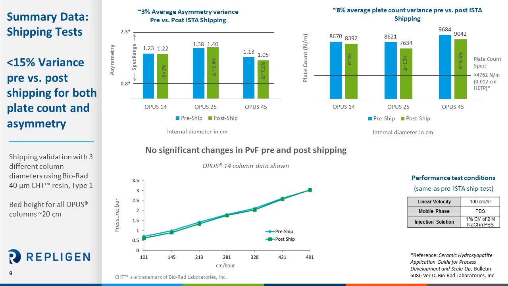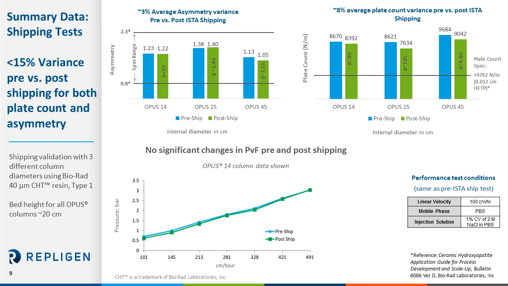And you see the pre versus post shipping data, asymmetry on the left, plate count on the right. Pre-shipping is in blue, and post-shipping data is in green. The little delta symbol indicates the difference between pre and post shipping in those bar charts. So you can see that the plate count and asymmetry variance is very tight pre versus post shipping, and consistent with what we would see with other resins.